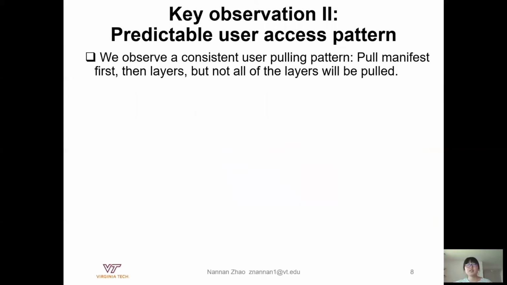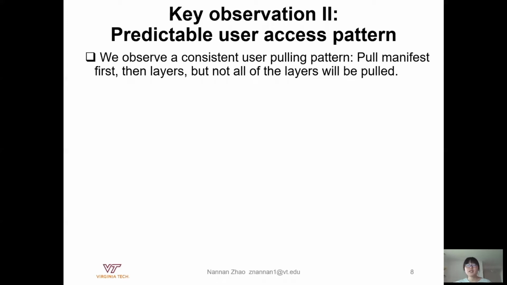Our second observation is that user access pattern is predictable. We observe that when a client pulls an image, it will first pull the manifest for the image, which contains a list of its containing layers. After that, the client will pull layers from the image, but not all the layers in the image will be pulled.